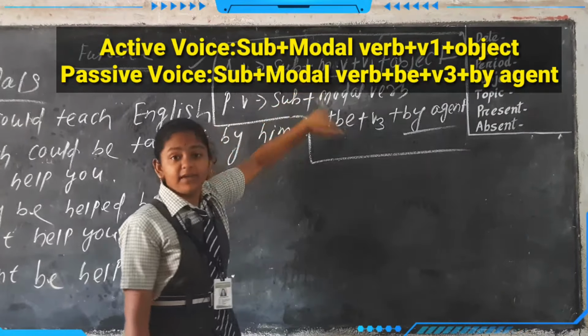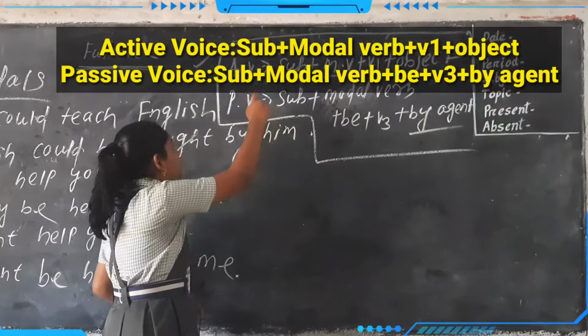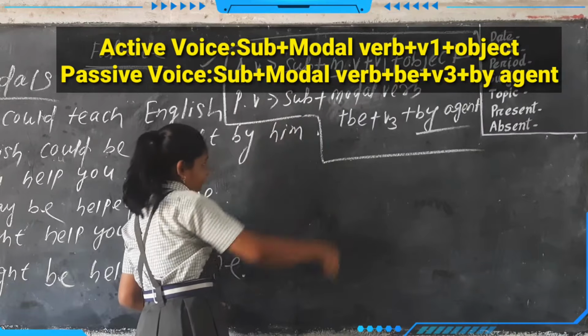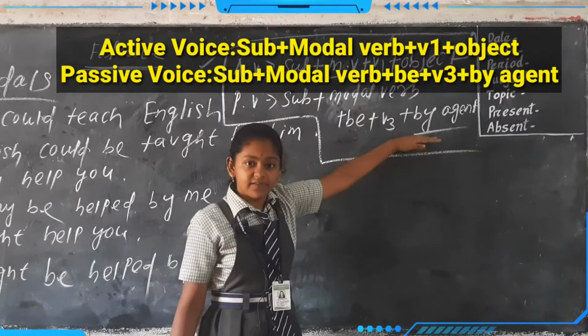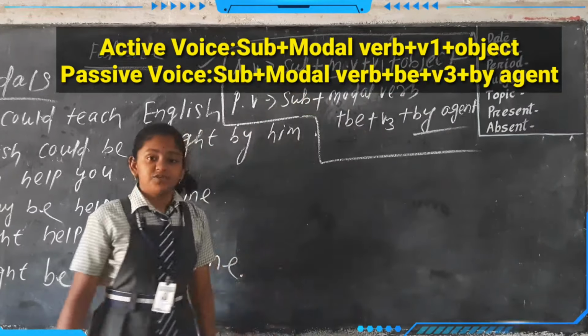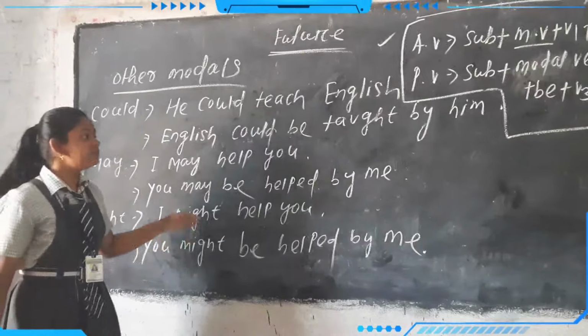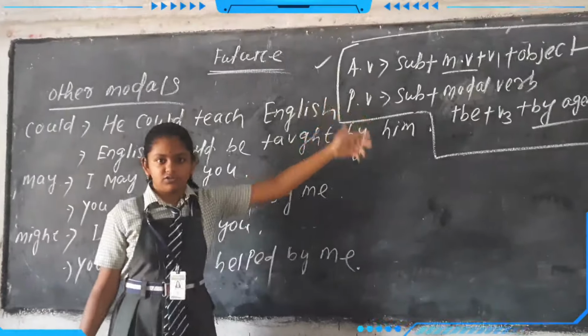But the modal verb remains the same when it is converted into the passive voice. The subject in the active voice becomes the by agent in the passive voice. The object in the active voice becomes the subject in the passive voice. As we have already discussed these examples, we have to remember this structure.